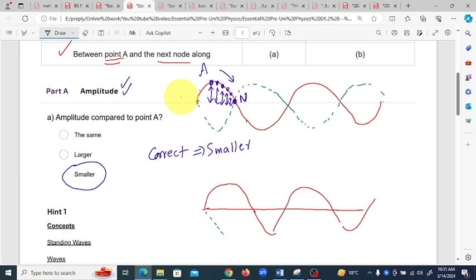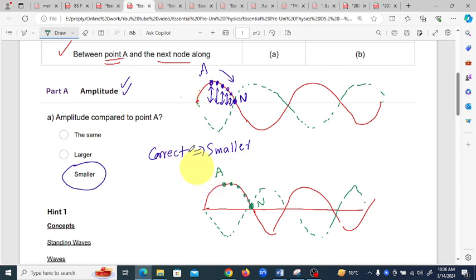I made the diagram again, then I will explain what the phase is. Here we have a particle A and then the node. All the particles between this antinode and the node are these particles.